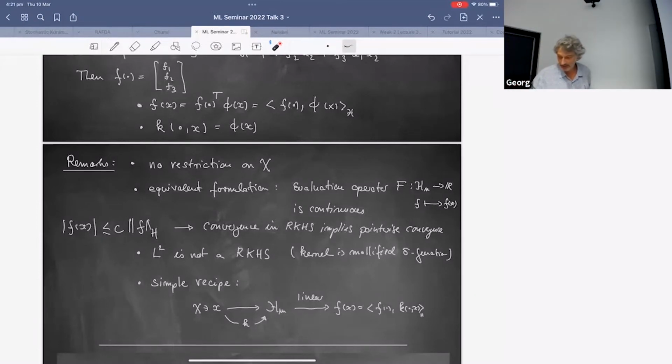And also, if we go back to the other definition that formulates things in terms of the existence of this kernel, the evaluation operator is a delta function, and the delta function is not in L2. Okay. So one way to think about these kernels is like a modified delta function.